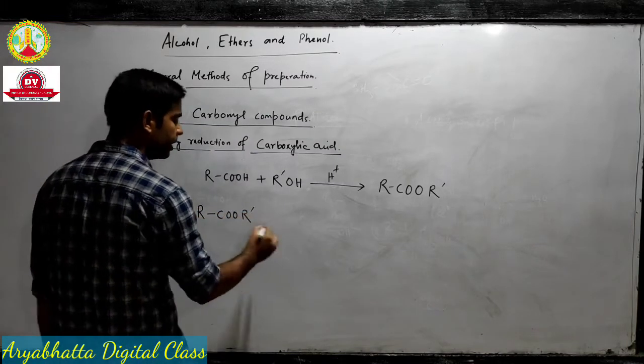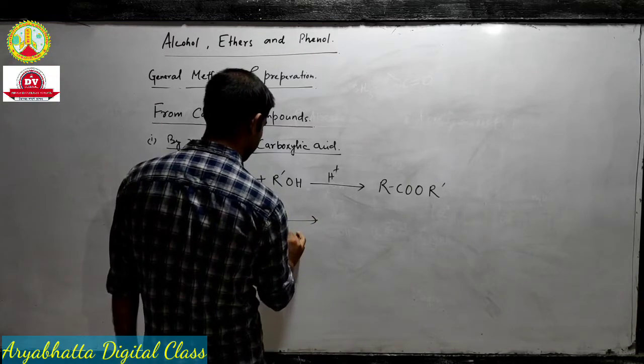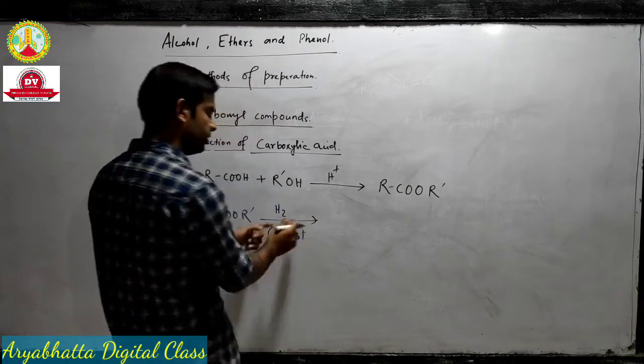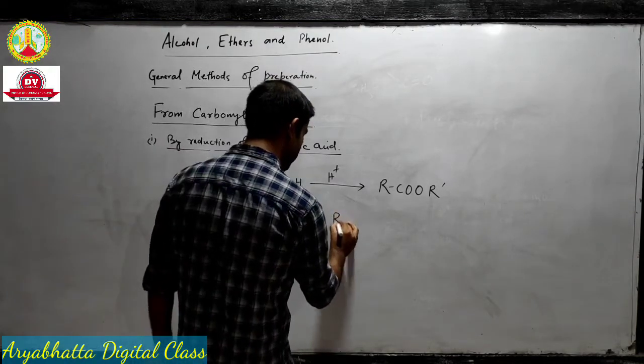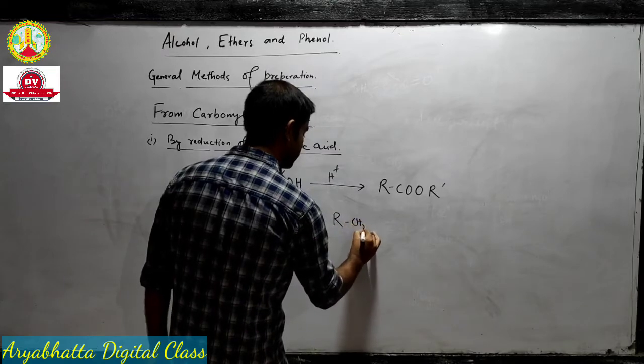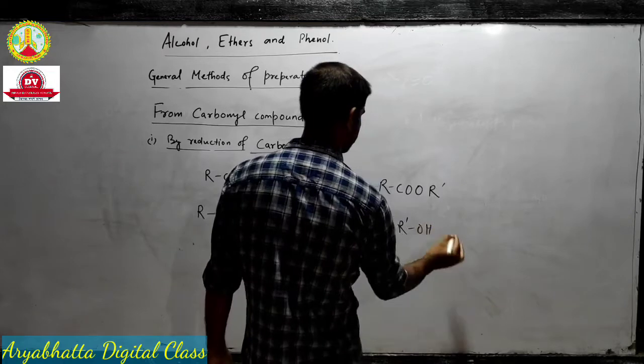When we reduce this ester in presence of a simple catalyst, that means nickel, palladium or platinum, we get RCH2OH and R-OH.